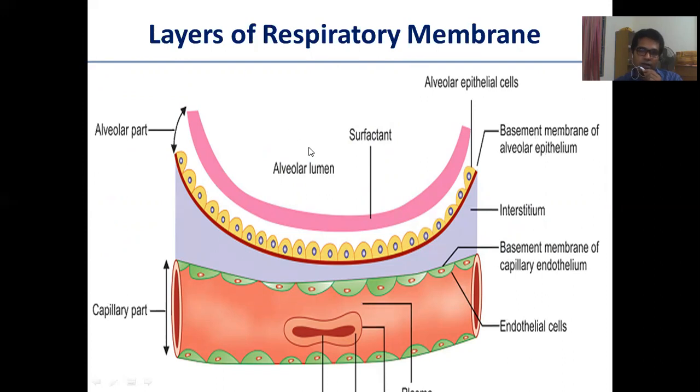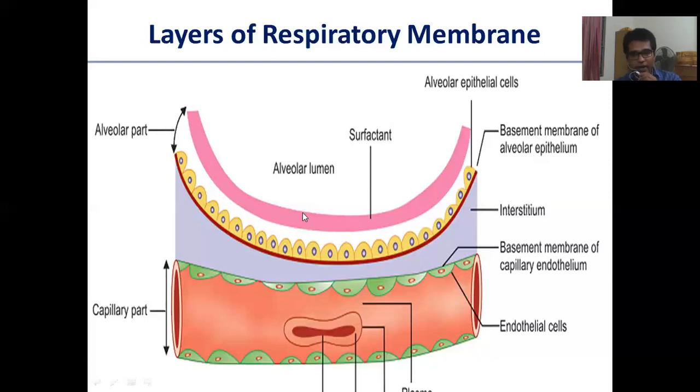If you look at this figure, the two important structures involved in the formation of the respiratory membrane are the alveolar wall and the capillary wall. Here you can see the first layer that lies between the air and the alveolar epithelium.